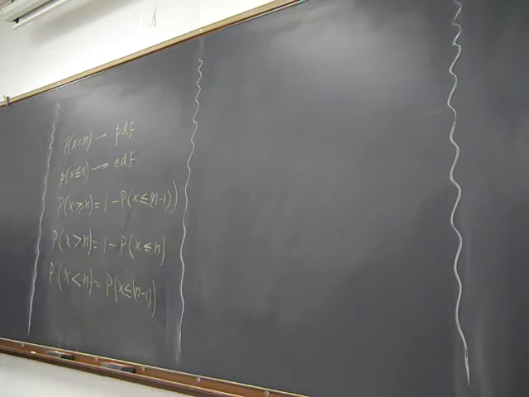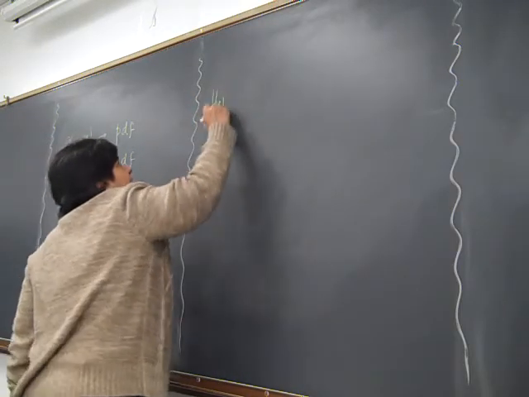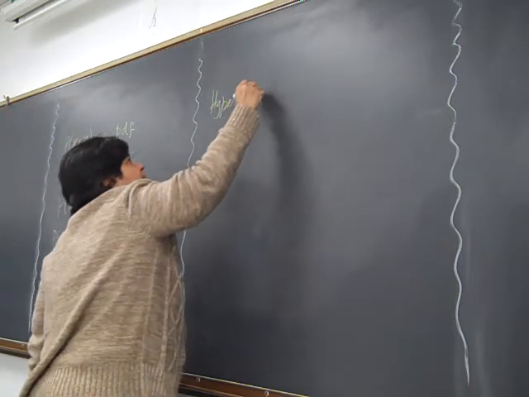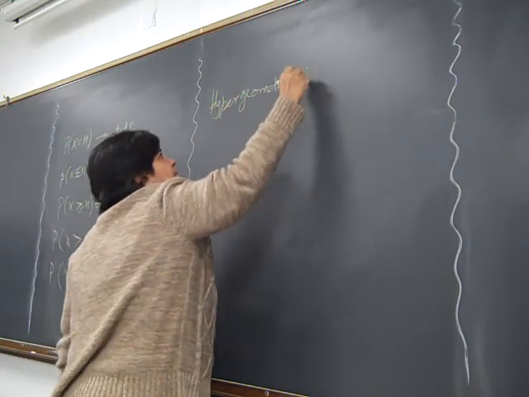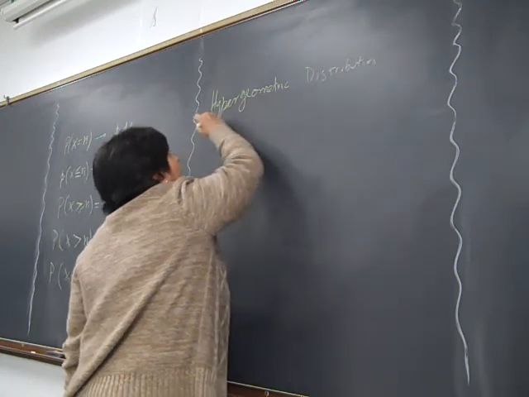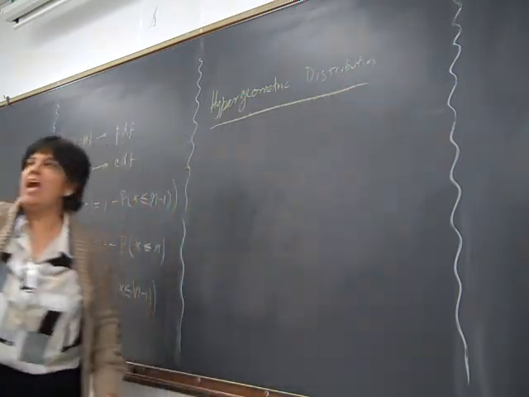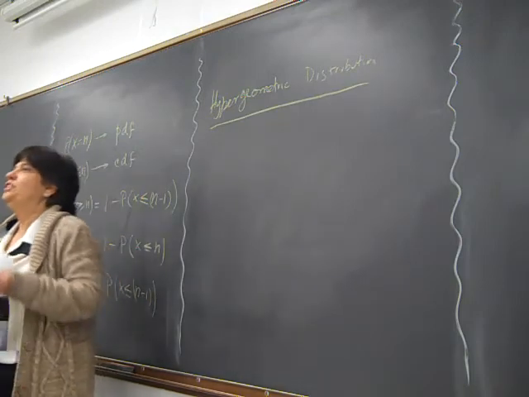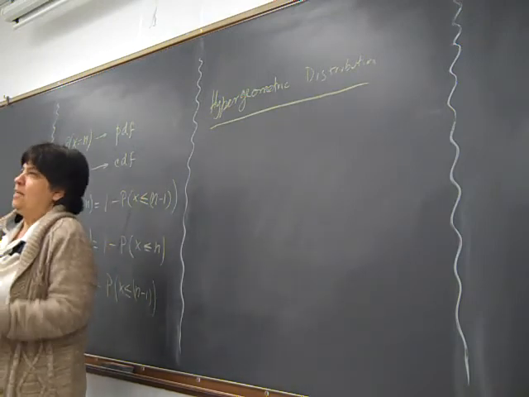Okay. Today we're going to cover the last part of the chapter that is about hypergeometric distribution. In the hypergeometric distribution, we have two sets of elements.